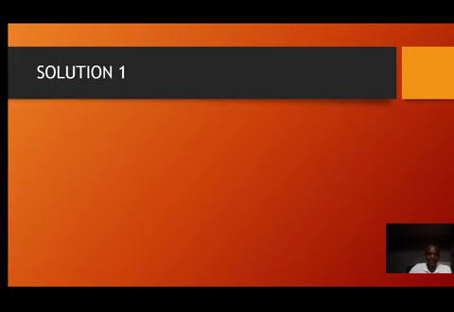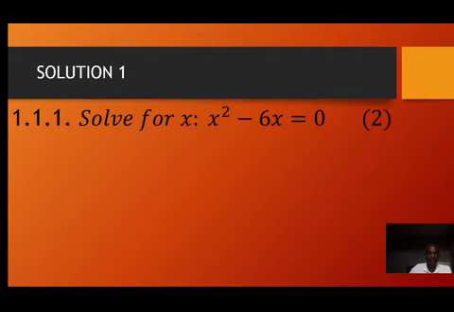Okay, so this was question 1 and it was saying solve for x such that x squared minus 6x equals 0. Now if you check here, you see that we have got x and another x here, so it means x is a common factor. So we factorize out that x, which gives us x, open brackets, x minus 6 equals 0.